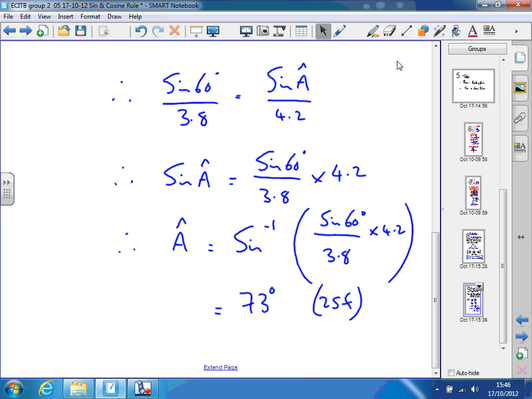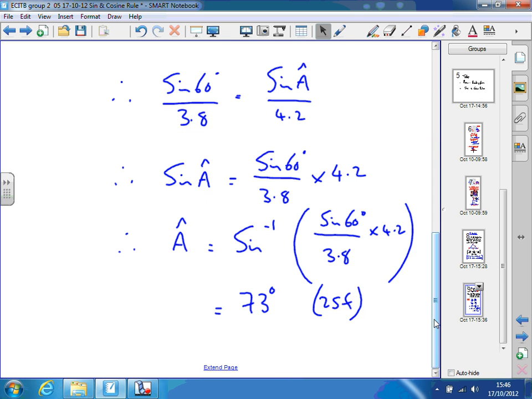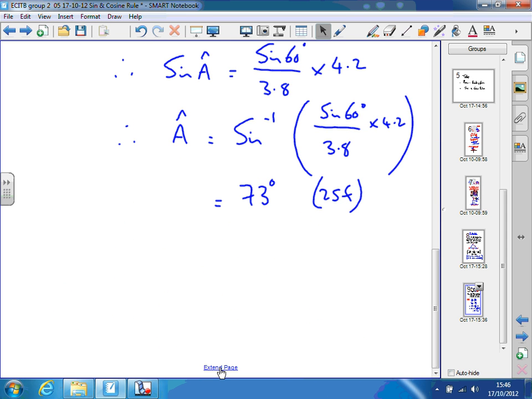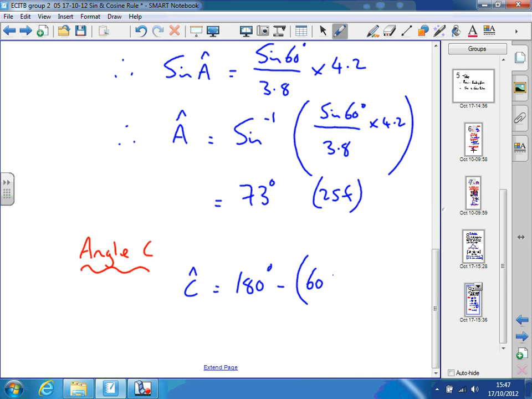So we've done part one of our plan. We found angle A. So now we can go to the second part of the plan and find angle C. So therefore, angle C equals 180 degrees, which is the whole triangle, minus the angle we know, which is 60, plus 73, the angle we just found.